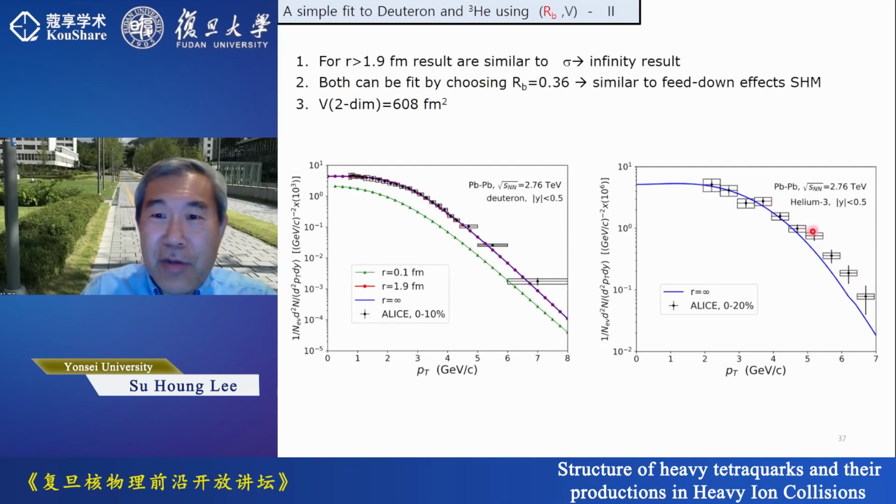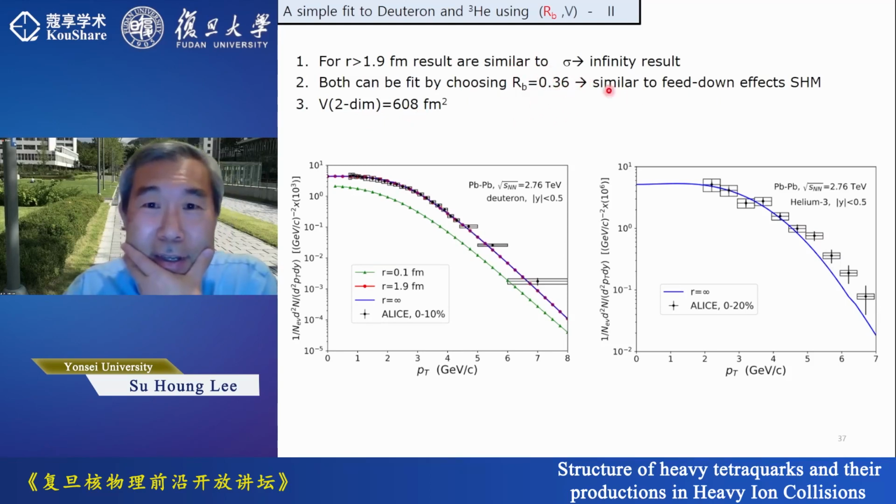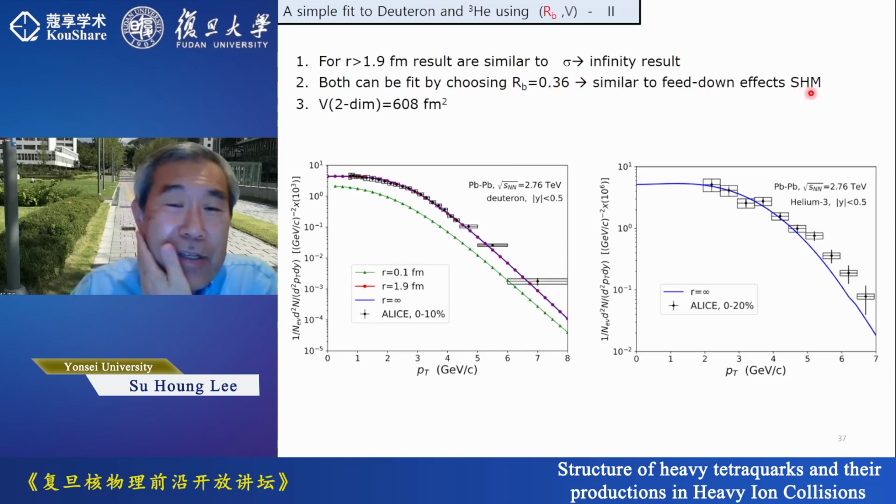But more or less the magnitude is rather well satisfied with a very simple formula with only 2 parameters, RB and coalescence volume. RB turns out to be 0.36, and in fact it is similar to the feed-down effects from the statistical hadronization model.